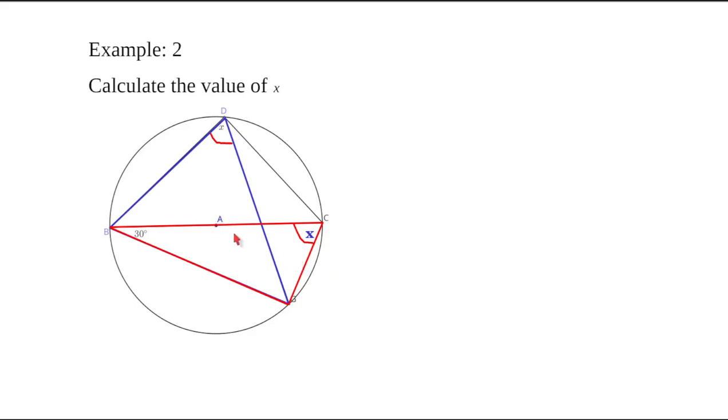BC passes through the center. What does that tell us about BC? If BC passes through the center and both its ends are on the circumference of the circle, BC should be a diameter. BC is a diameter. If we know that BC is a diameter, therefore the angle subtended by BC must be 90 degrees. What's that angle? It's angle BGC.